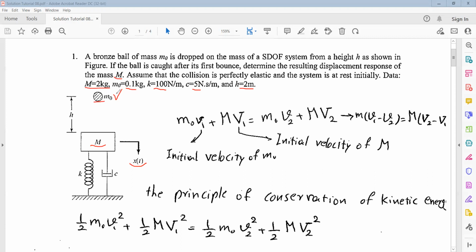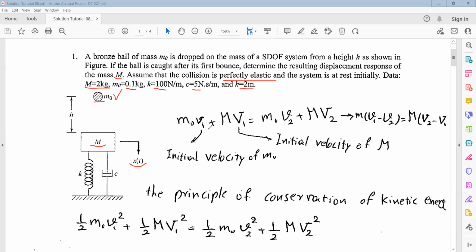We can use the conservation of linear momentum, and because this is a perfectly elastic impact, according to the problem description, we can also use the principle of conservation of kinetic energy.